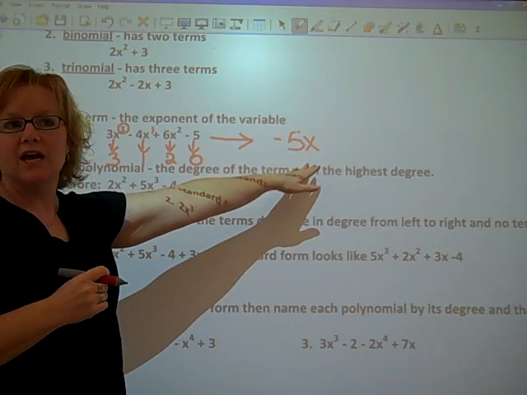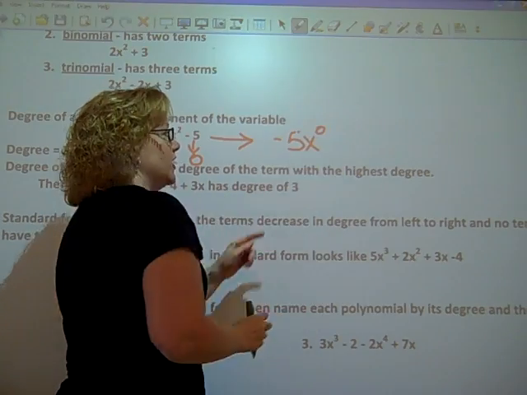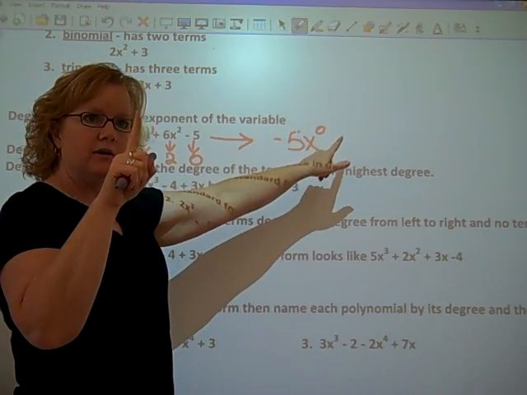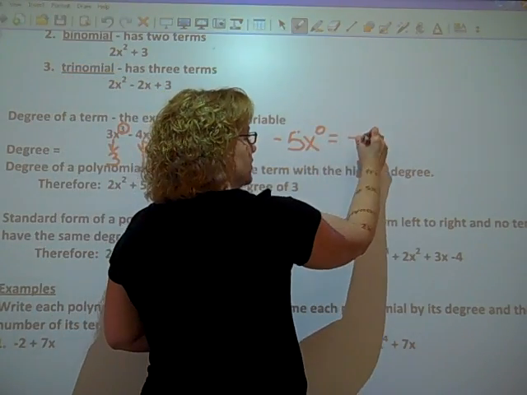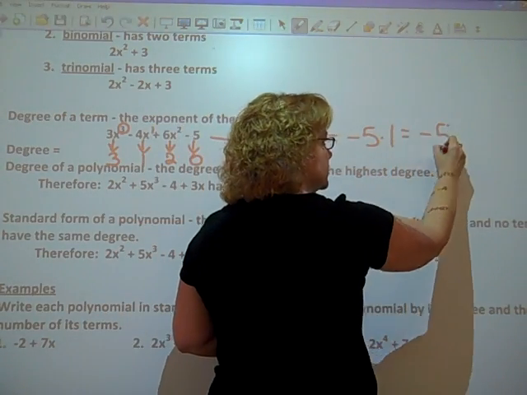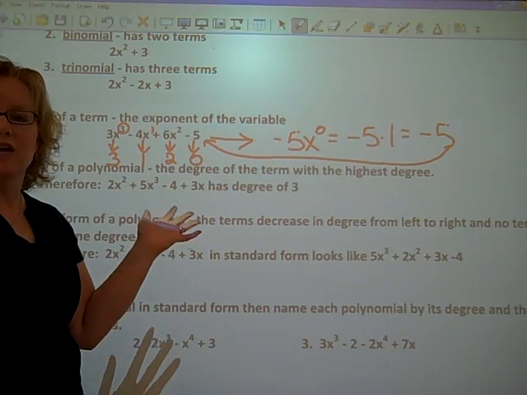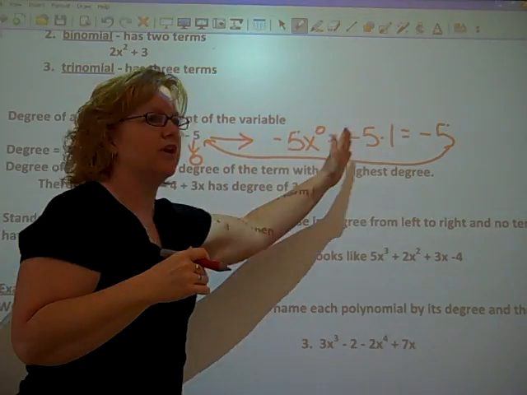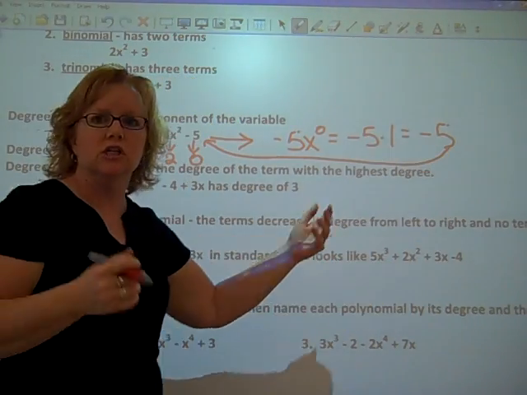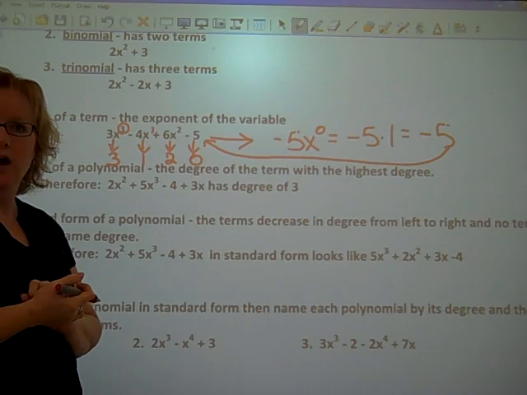What power would I take it to make it go to 1? 0. Okay, so isn't x to the 0 power 1? So would this actually be this? And wouldn't that actually be this? And isn't that what is already there? That's where they get that 0 from. I'm just proving it to you so it makes sense, okay? You just need to remember that a constant term has a degree 0, okay?